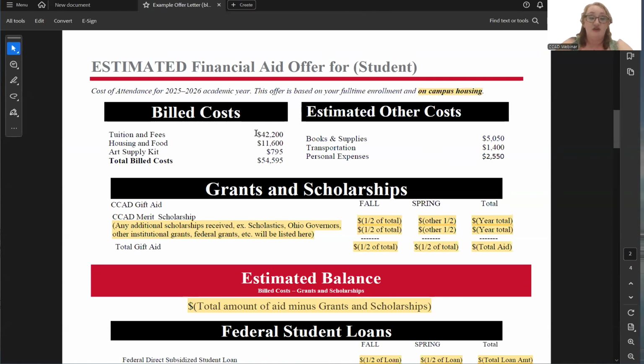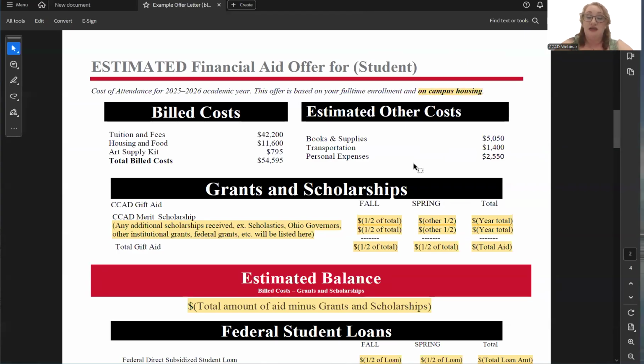So we have the tuition and fees, we have housing and food, aka the meal plan, and then also the freshman art supply kit. This is going to include any of the art supplies you're going to need your freshman year. So in total, you are going to be billed $54,595 per year.